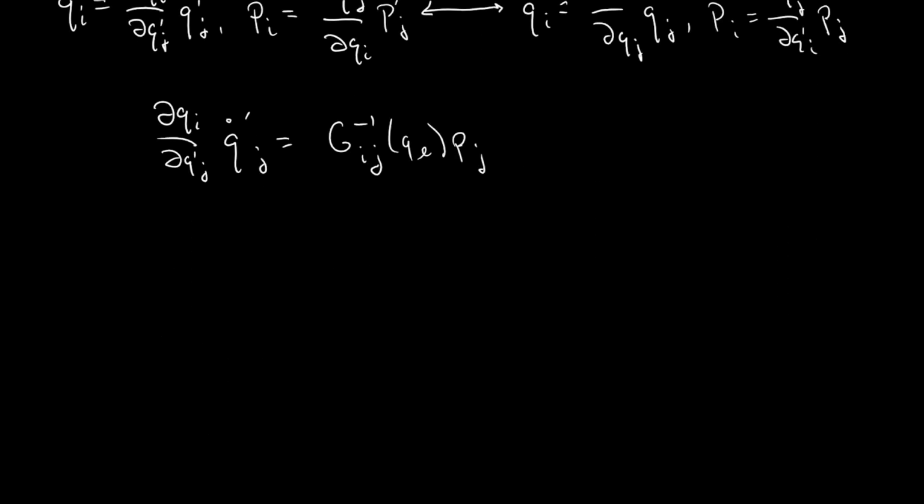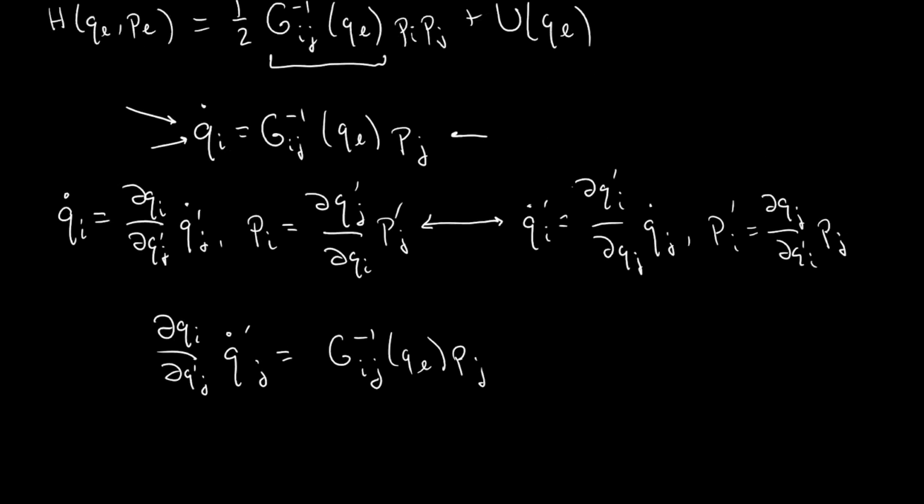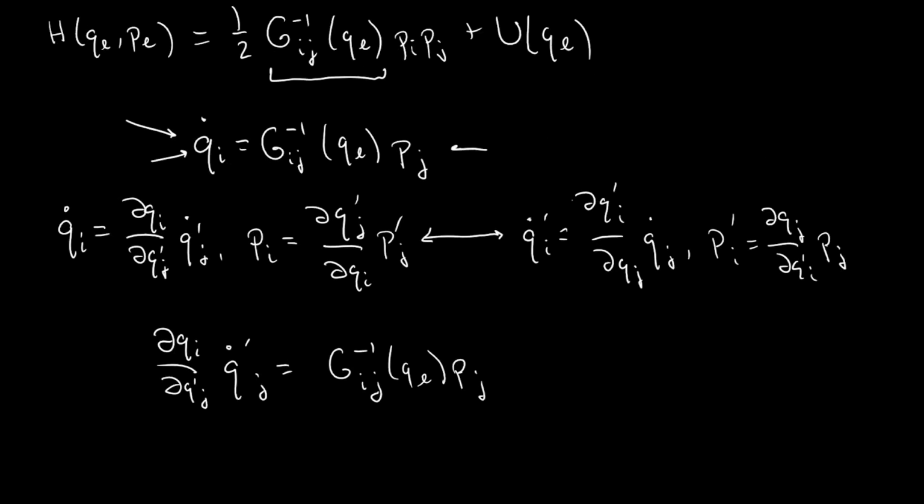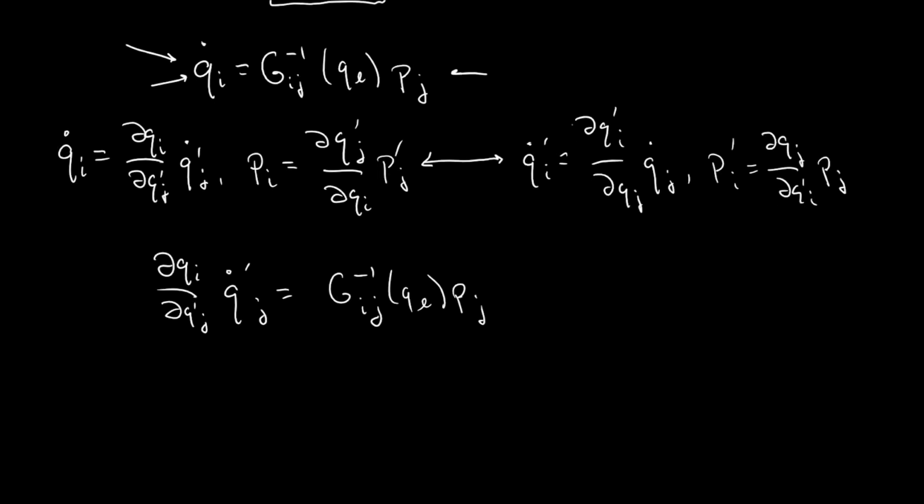So now I want to transform both G inverse Ij and P and Pj, and require that the transformation is the same as the left-hand side.